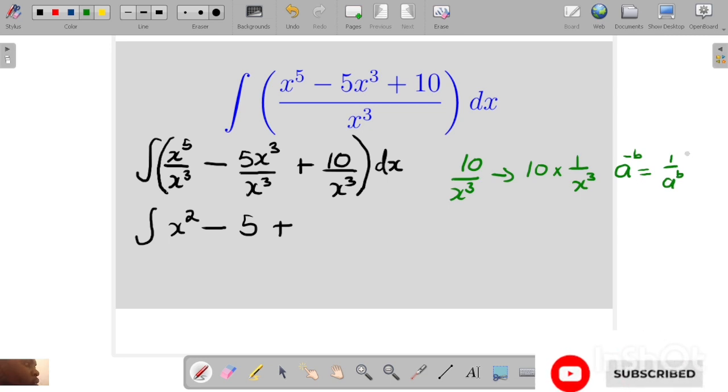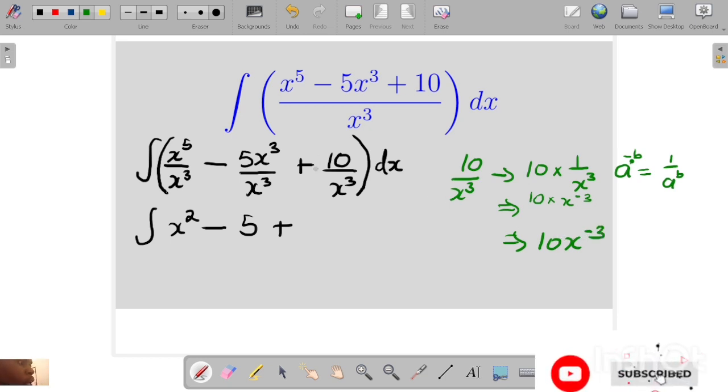In our case, we've been given 1 over x cubed, so we need to rewrite this in this form. So this will be the same as 10 times x to the negative third power.